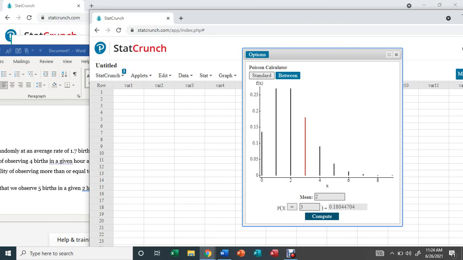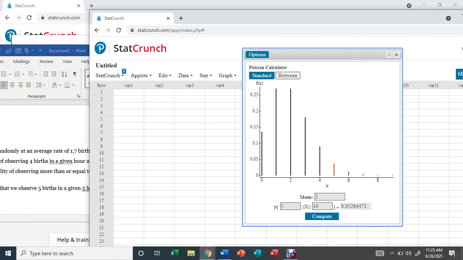It's worth mentioning that you can do standard, like what I did here, or you can do between. Like, what is the probability that the company will be selling between, I don't know, 3 homes and 5 homes tomorrow?